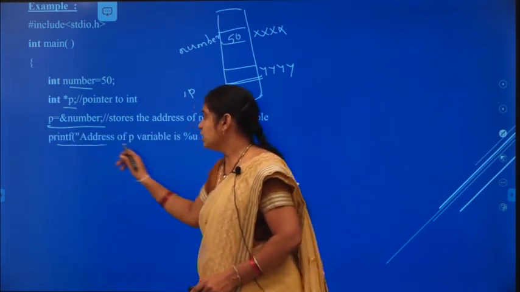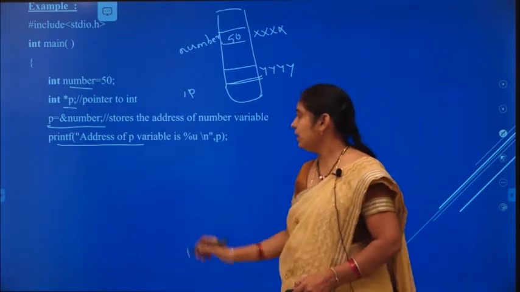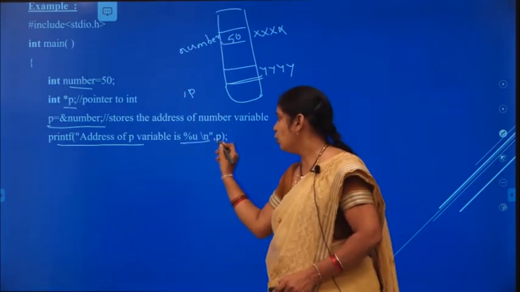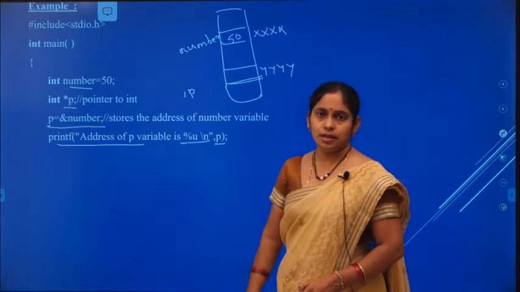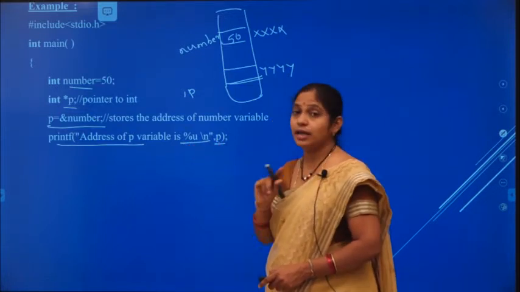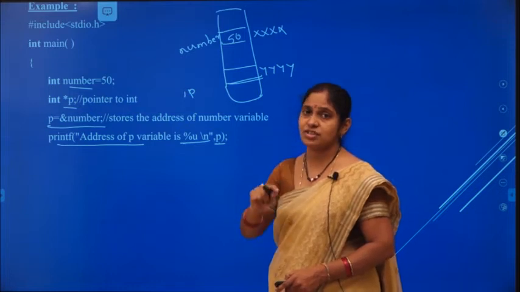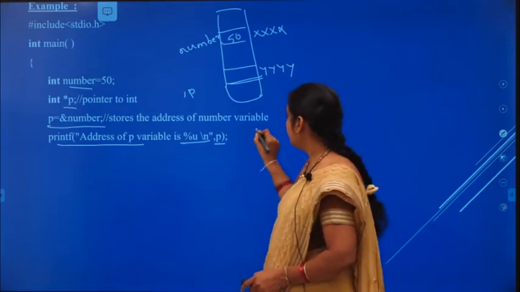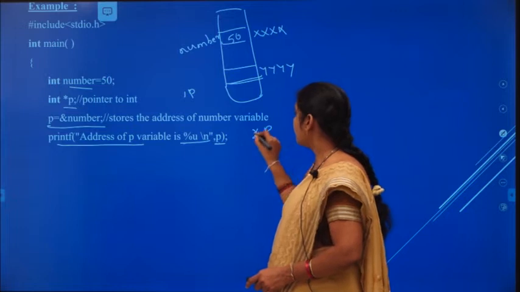Now, we are printing that value. What are we printing? Percentage u, p. Observe it clearly. This is percentage u and we are printing here p. In our previous programs, we just printed star p.